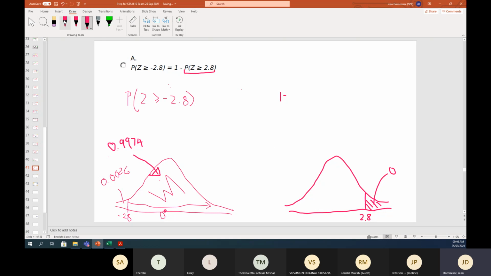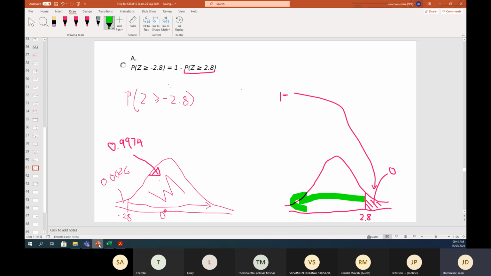So what they're asking me here is 1 minus that part, which is actually this component. Under the normal distribution, everything needs to add to 1. If that small part is the 2.8, I want 1 minus that. So I actually want to know the probability up until 2.8.